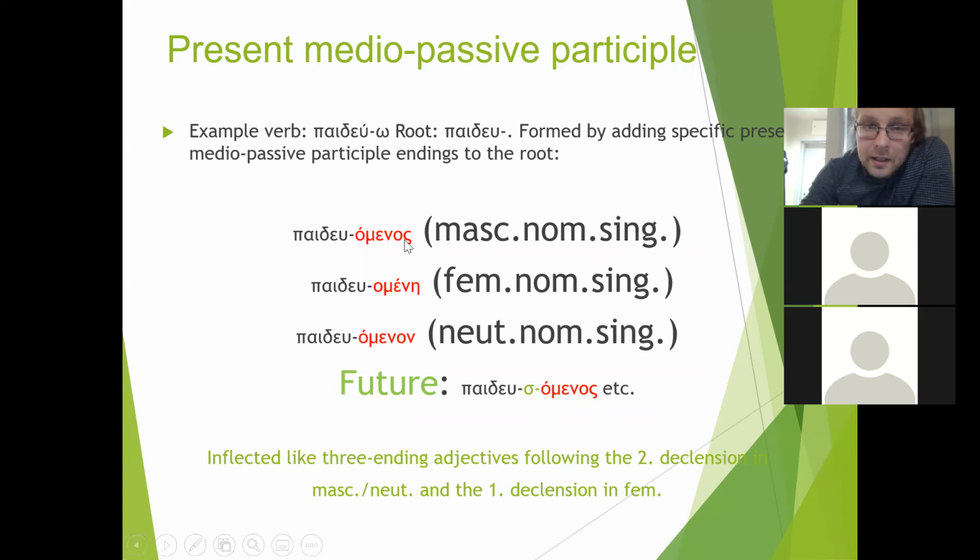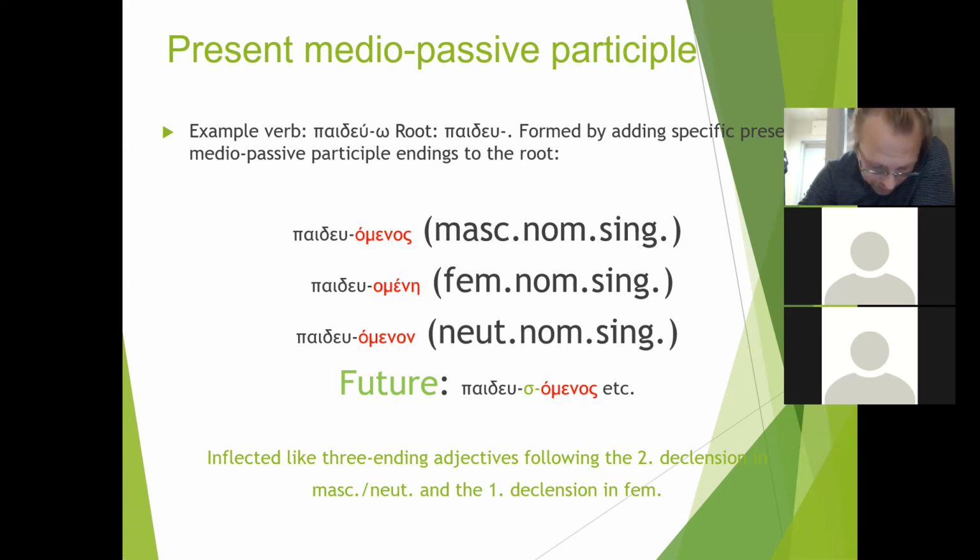And these endings are then inflected exactly in the same way as adjectives following the second declension in the masculine and neuter, and like adjectives following the first declension in the feminine.